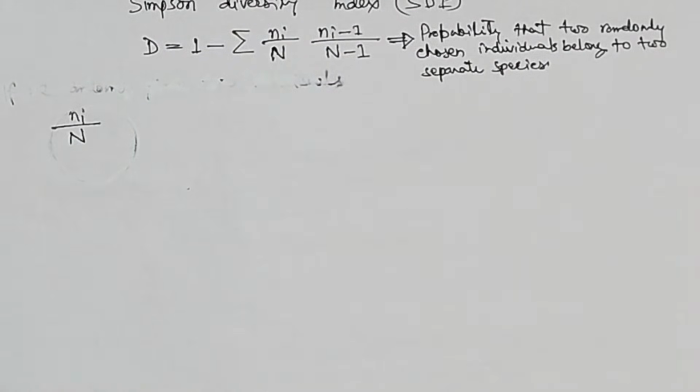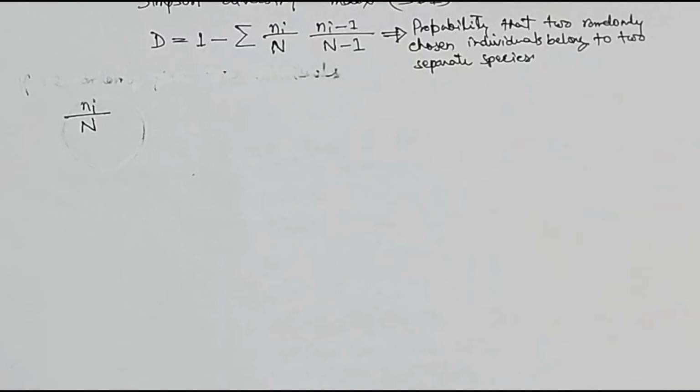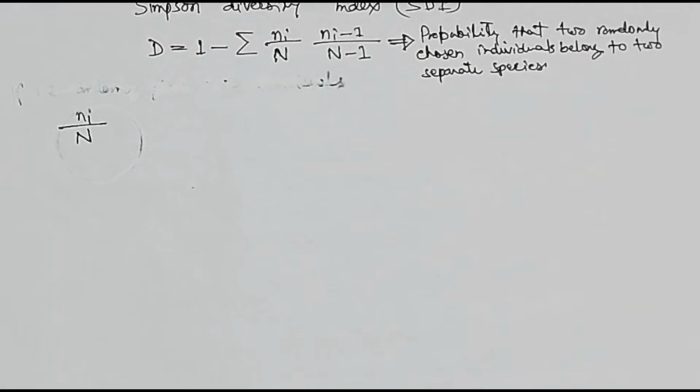So this value is nothing but the probability that the first individual chosen belongs to the species i.